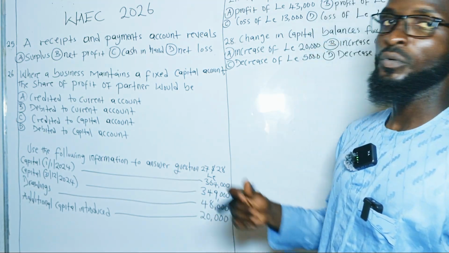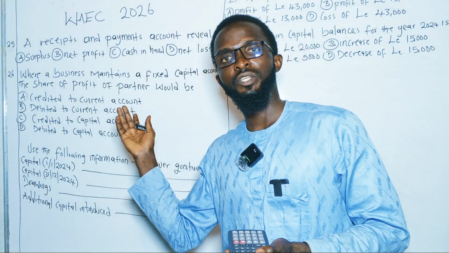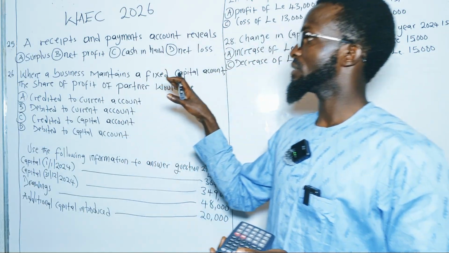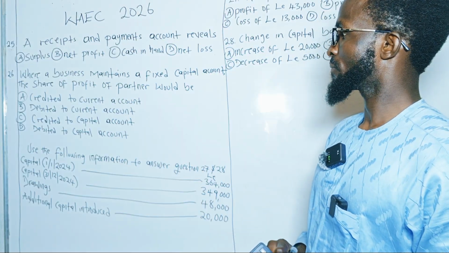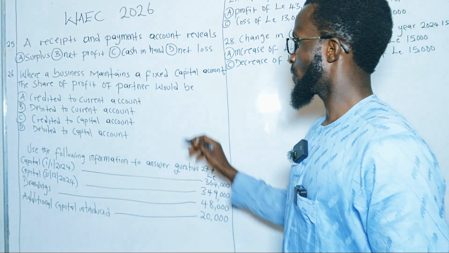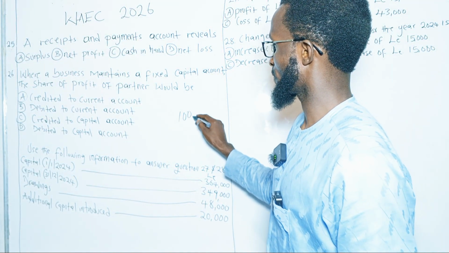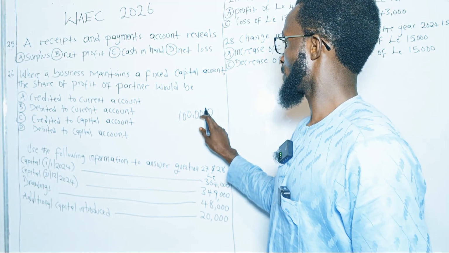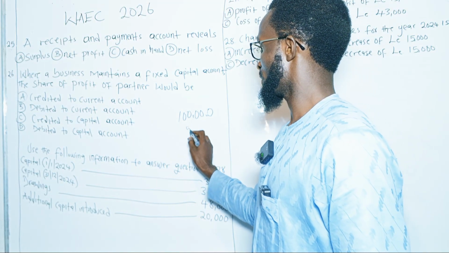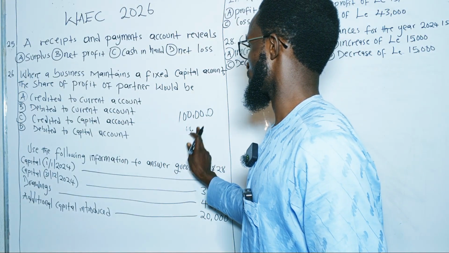So for non-profit making organizations, they prepare receipt and payment. Let's say, for instance, you've received 100,000.